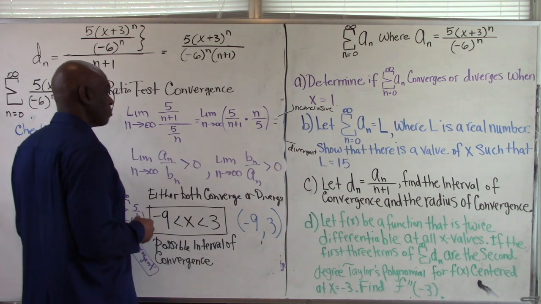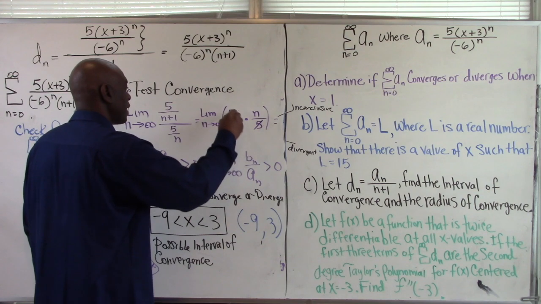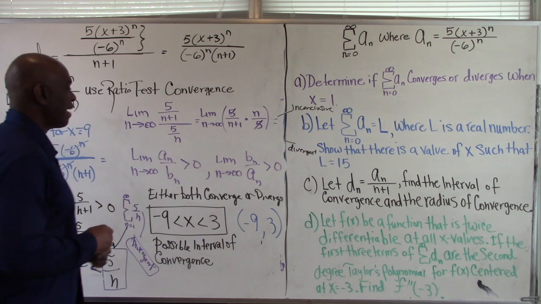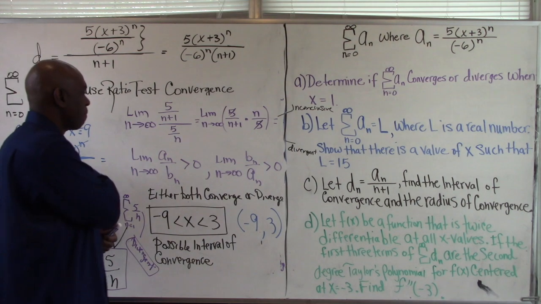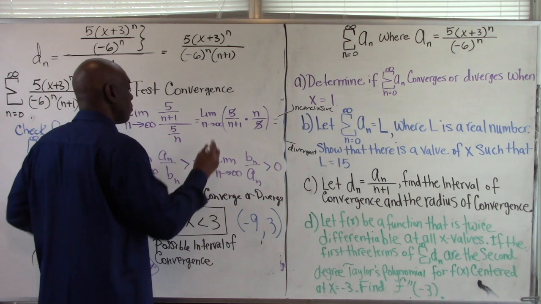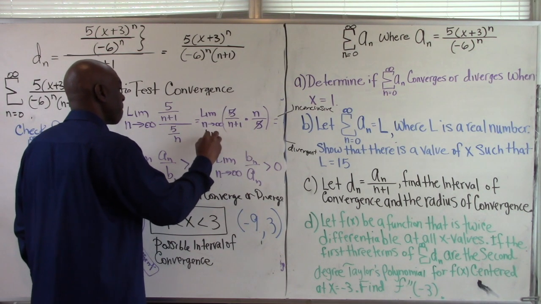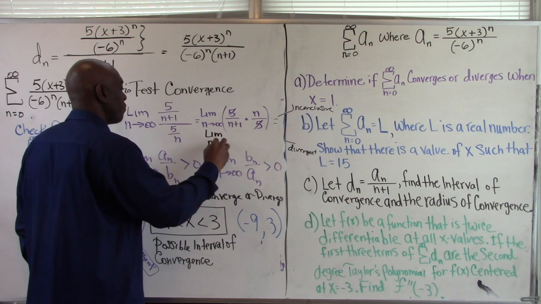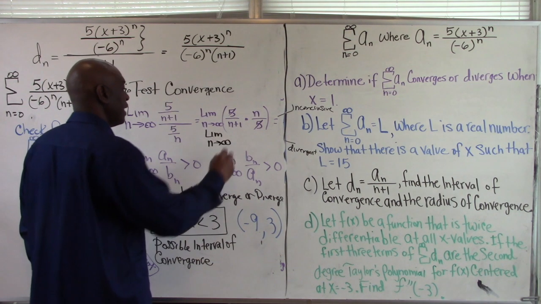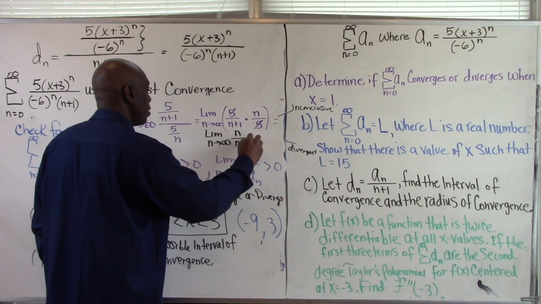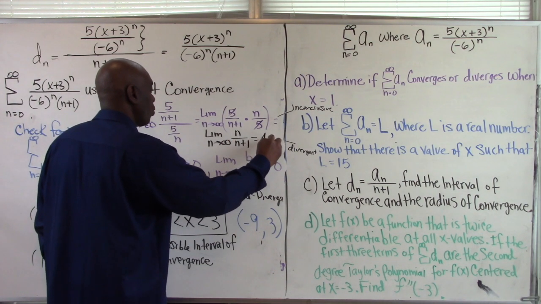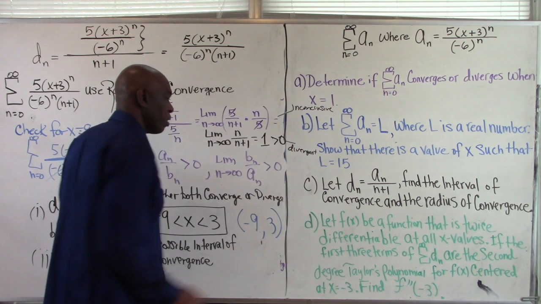Well, the 5's cancel out, and so now I'm going to have the limit as n goes to infinity of n divided by n plus 1, which equals 1, which is greater than 0.